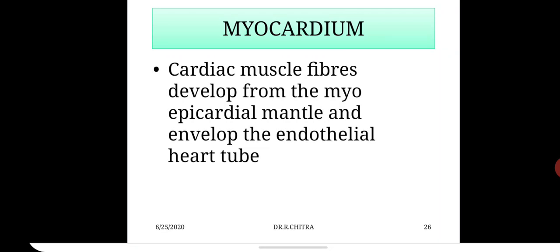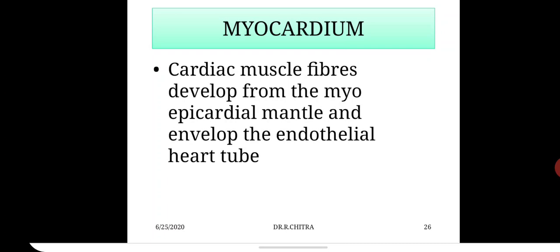So in this section we have seen elaborately the changes in the interior of the bulbus cordis, primitive ventricle, and also the changes in the parts of the bulbus cordis, that is conus cordis and truncus arteriosus.